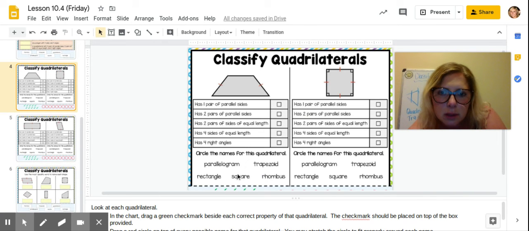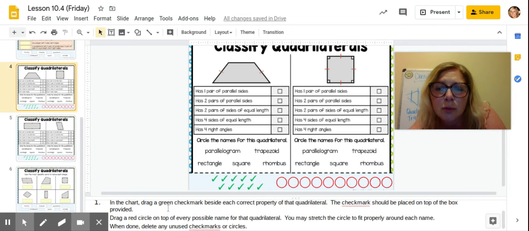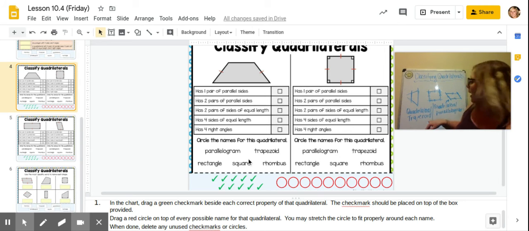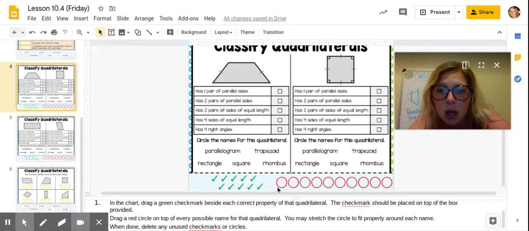Then you're going to drag the red circle over what kind of quadrilateral it would be. Notice behind me we had more than one answer for those, so you could drag more than one red circle over these answers. When you're done with the extras, you could just delete them.